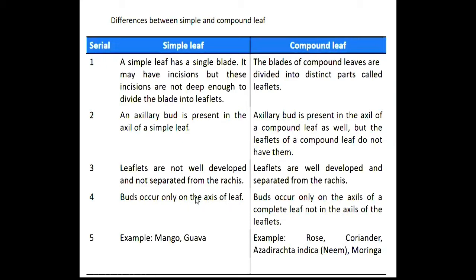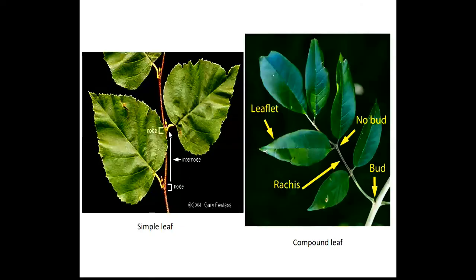Sir, again, please. Okay. In the case of a simple leaf, the axillary bud is present here. And what will happen in the case of a compound leaf? In a compound leaf, the bud will be present just here, not at the base of the petiole.